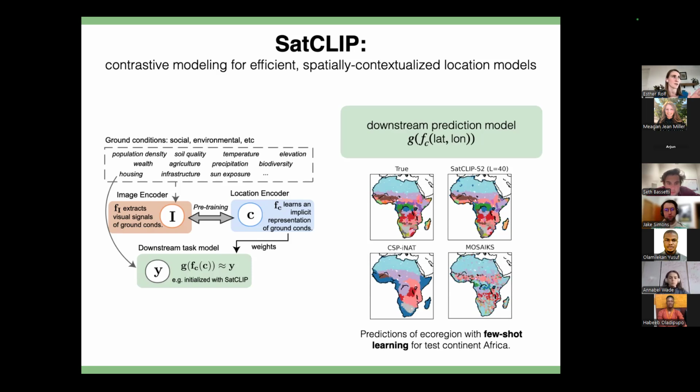If we compare this with two different location encoders on the bottom, we see that SatCLIP, the upper right map, is getting kind of the best of both worlds. The CSP method is overly smooth, whereas the Mosaics method, because it never incorporates latitude and longitude directly, is super speckled. But SatCLIP is able to interpolate between these two in the correct way.